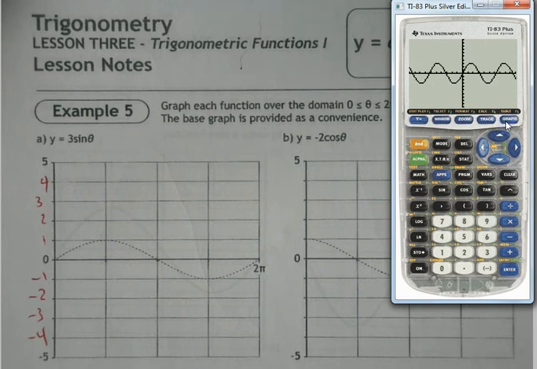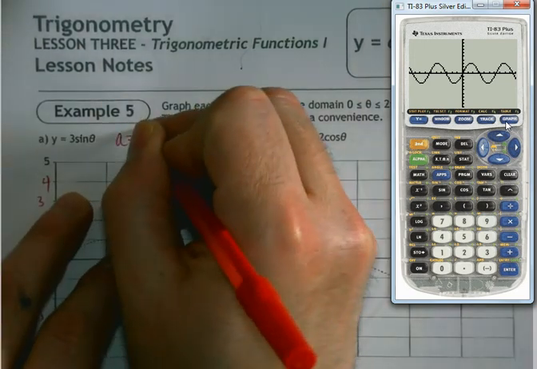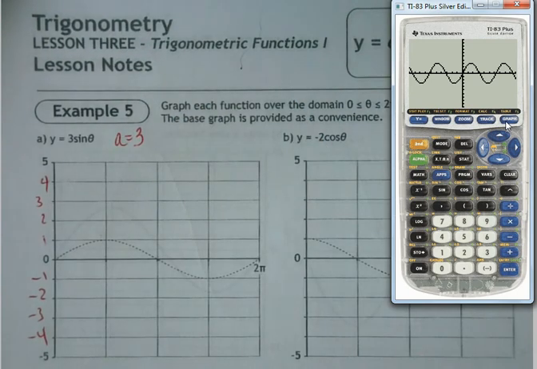Looks like my squiggle got taller. It's not quite so hugging the x-axis. And here's the reason why. Here, my A value, my amplitude, is 3. Well, what does that mean?